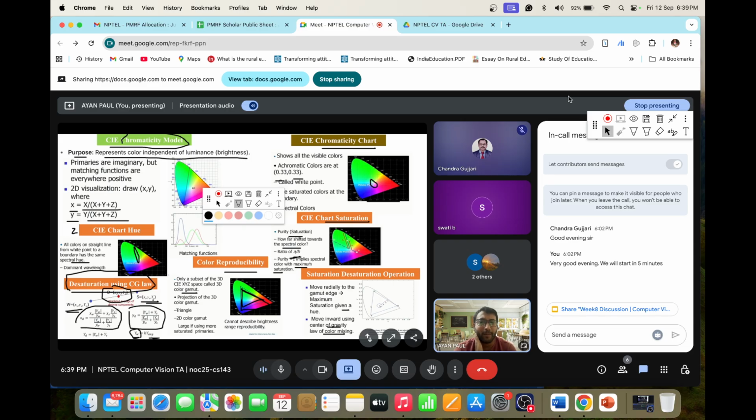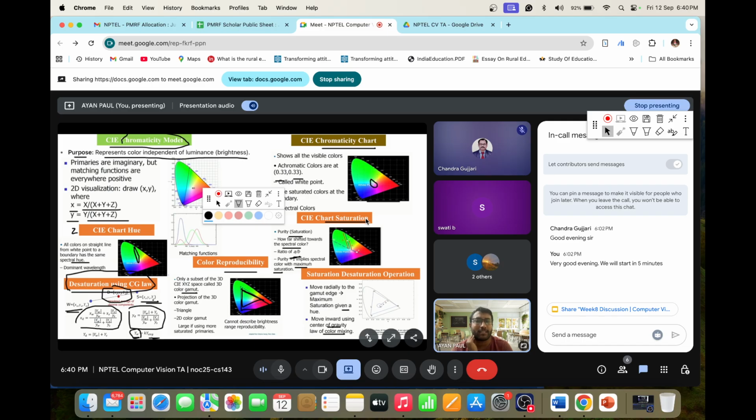Otherwise, the most important is the saturation concept. I will show you by an example. The saturation concept is actually important, that is, how we move from the white point to the boundary point. That is important, so I will show you one example. Otherwise, for the desaturation law there can be problems, but those don't usually come.